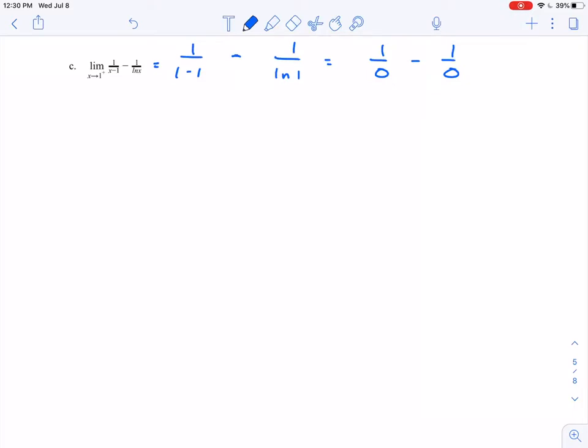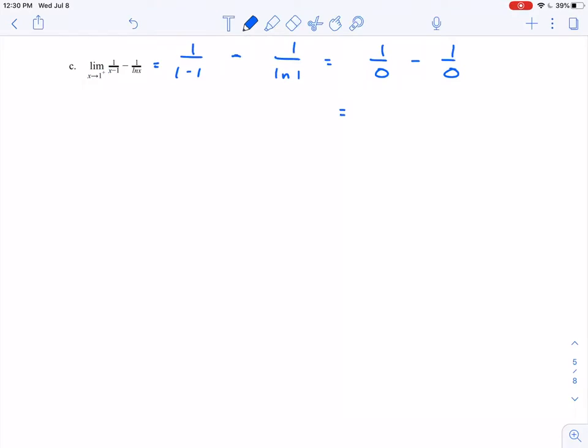You may want to look at the limit of each one of these two terms separately. Here I will speed up the process a little bit. If you look at 1 over x minus 1 as x approaches 1 from the right, that right-hand limit matters a great deal.